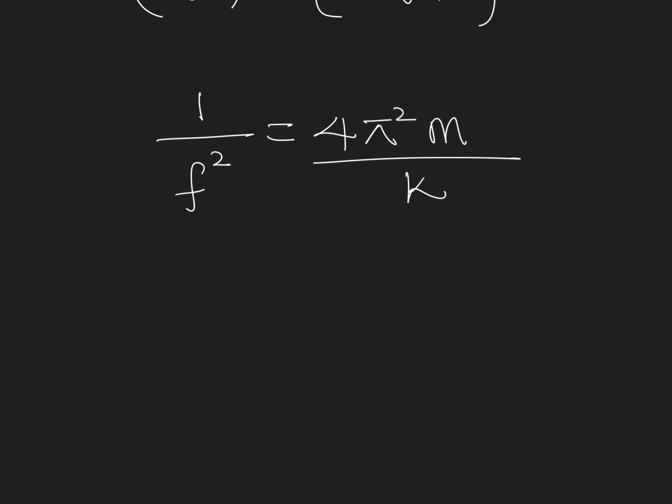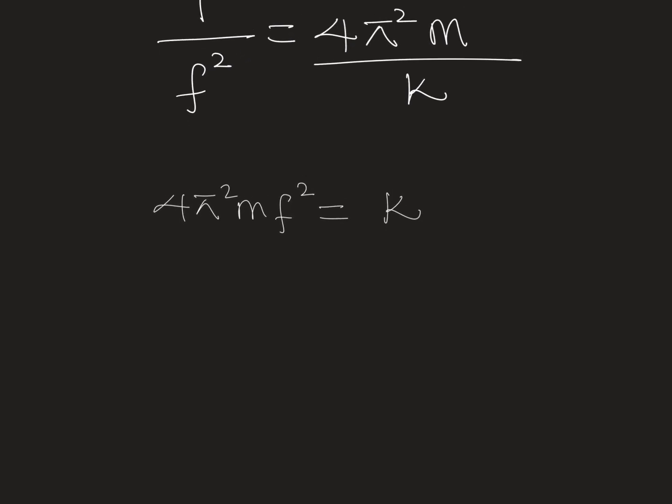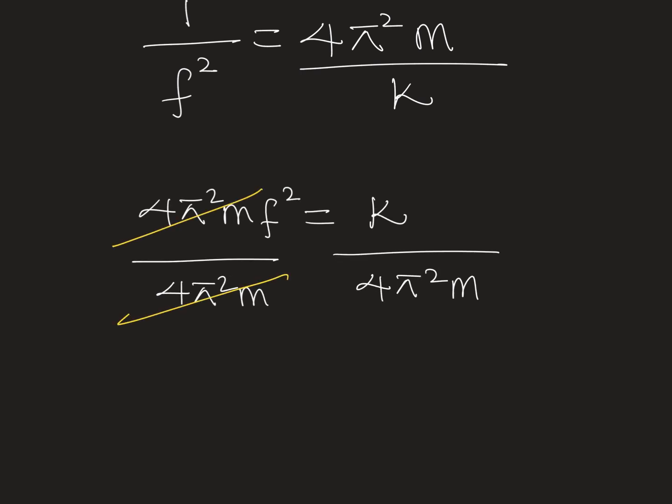So if we cross multiply, we will have 4 pi square M F square is equal to K. So to make F square the subject of the formula, I will divide both sides by 4 pi square M. And therefore this will cancel out.